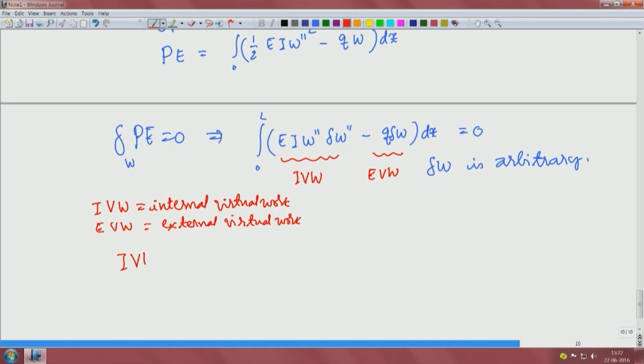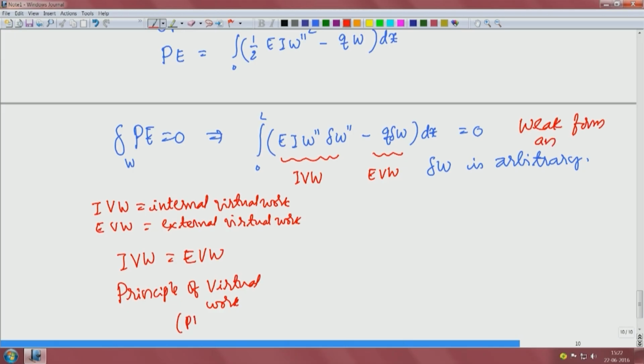So, IVW is equal to EVW, which we had discussed earlier, is the principle of virtual work, or as we call the weak form of the governing equation. That is what this is also called, the weak form and principle of virtual work. Okay.